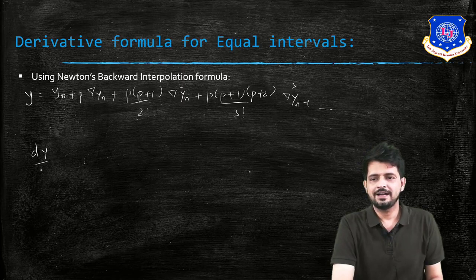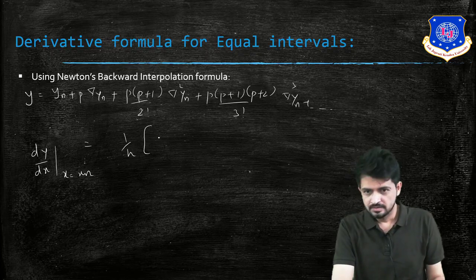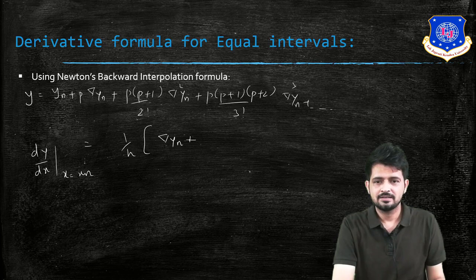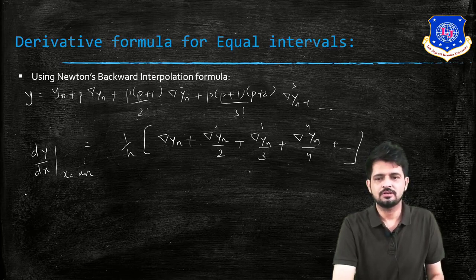If you find dy by dx at x is equal to xn, then you can write like this: 1 upon h, nabla yn plus nabla square yn by 2 plus nabla cube yn by 3 plus nabla raised to 4 yn by 4 and so on.